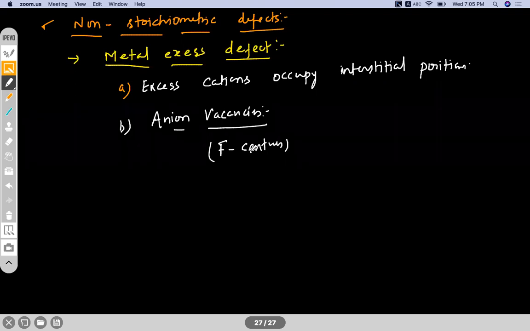Okay, so this is F center. Just one thing you have to take care of. Write down one note: greater the number of F centers, more will be the intensity of color.